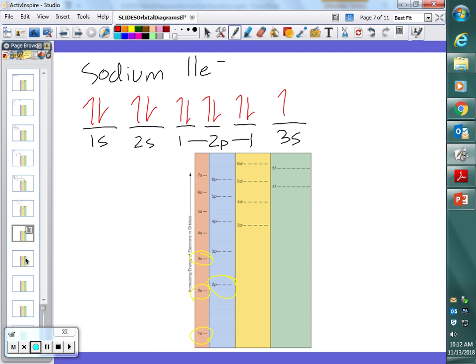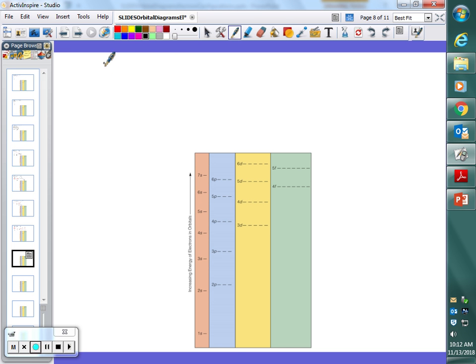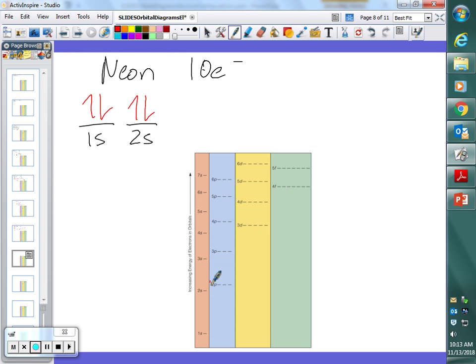We're going to back it up just a second. Let's do neon, which is at the bottom of the previous page. Neon has how many electrons? 10. So we're going to start here, 1s. That's full. 2s is next. Now that's full.